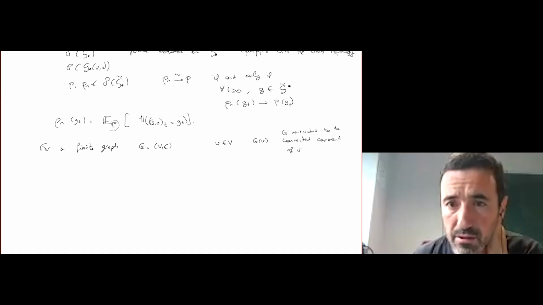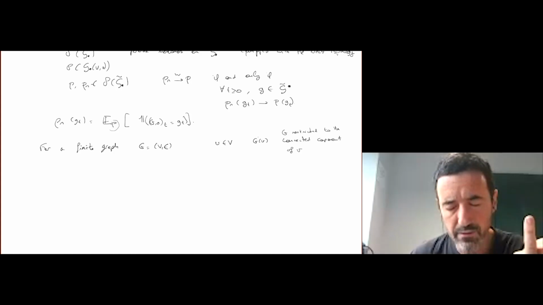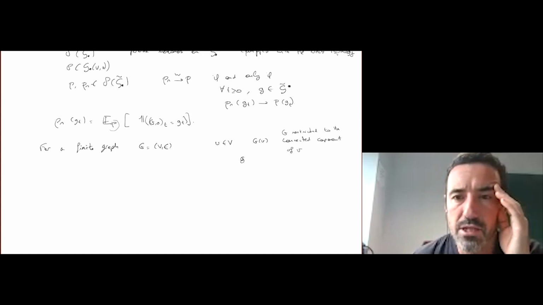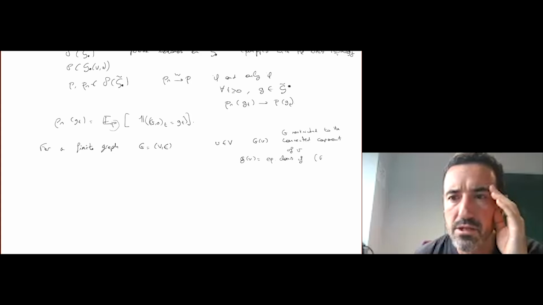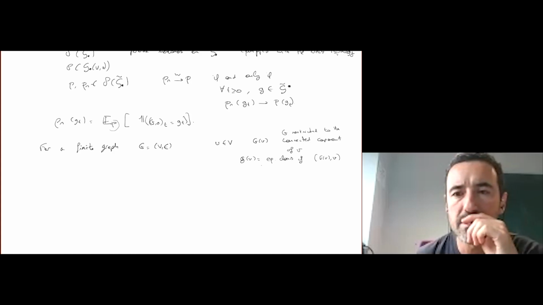If you have a vertex, you just look at the connected subgraph of G which contains v. And we denote by G of v the equivalence class of G of v rooted at v. So this is an element of G tilde.